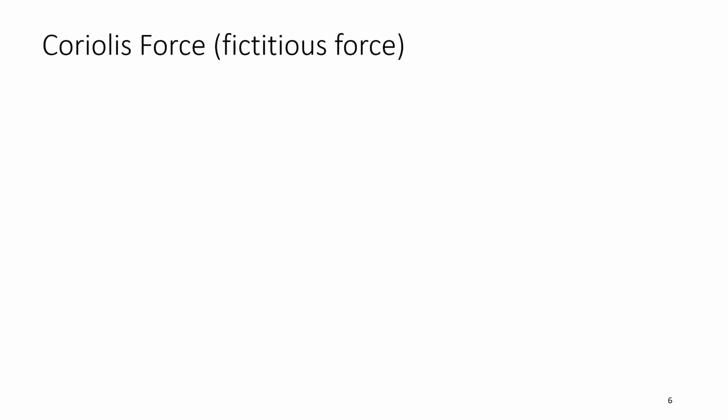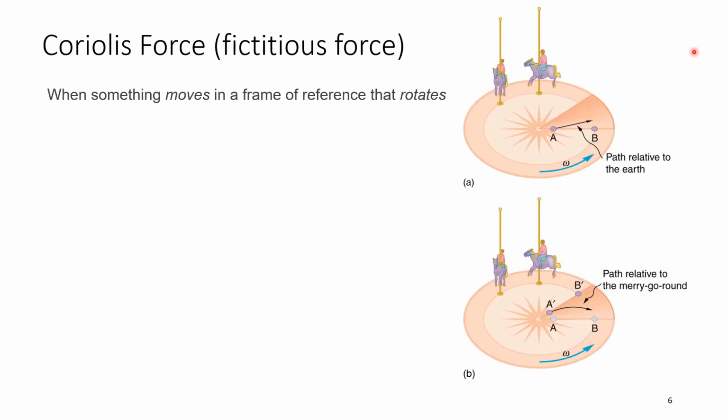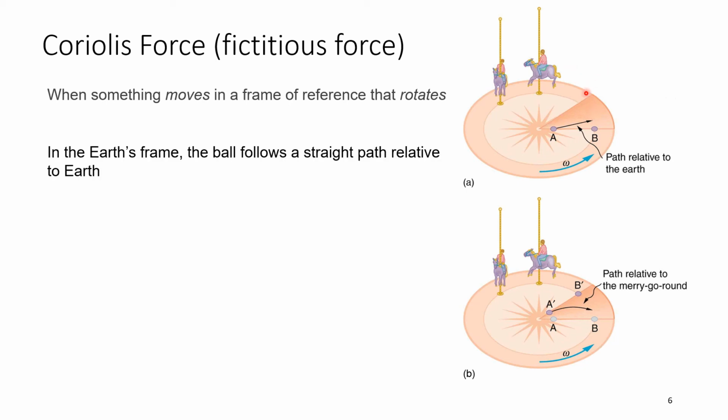Let us now consider what happens if something moves in a frame of reference that rotates. For example, if you slide a ball directly away from the center of the merry-go-round and assuming the friction is negligible, the ball would follow a straight path relative to Earth due to Newton's first law.